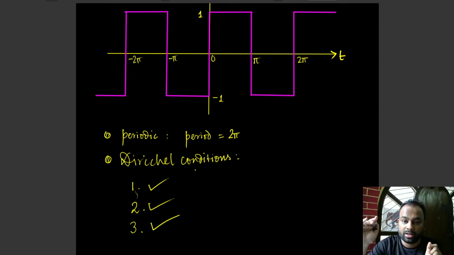So the Dirichlet conditions are not necessary, but sufficient. If the Dirichlet conditions are satisfied, the signal will definitely have a Fourier series expression. But a signal can have a Fourier series expression even though it does not fully satisfy them. This is something you have to keep in mind.